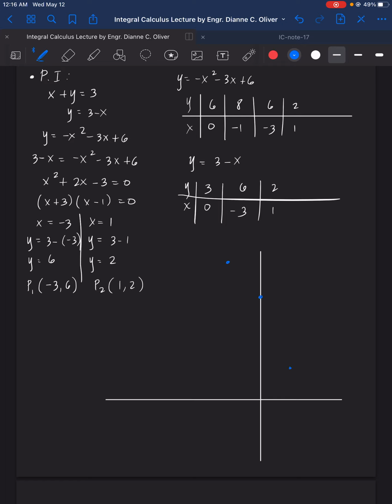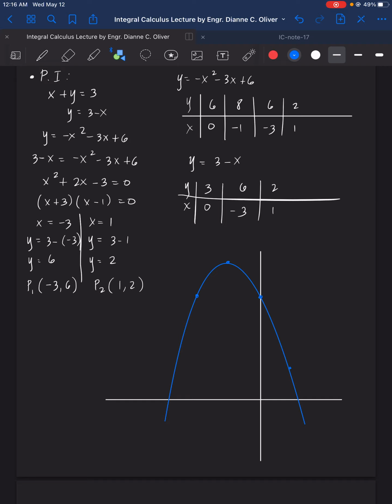So if you can see, I'm just doing some sketches. Here we have y is equal to 6. Okay, this is our curve. There you go. That is our curve.